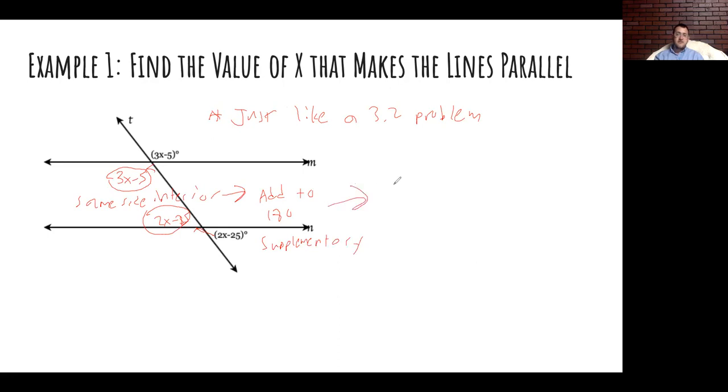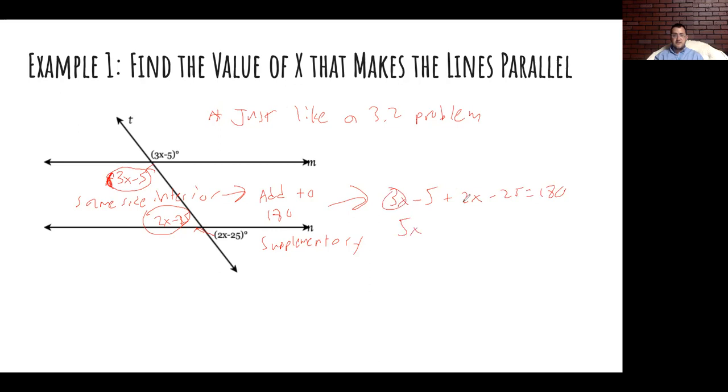So then I'm just going to set this up. So I'm going to do 3x minus 5. And this is not negative here. Make sure that we are clear about that. Plus 2x minus 25 equals 180.